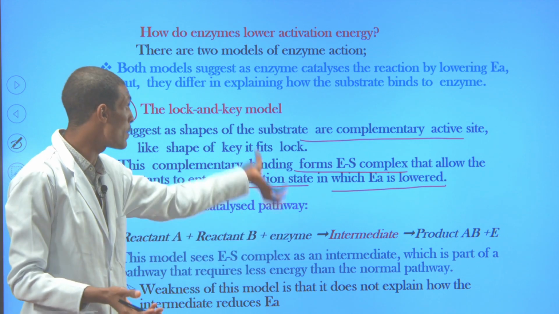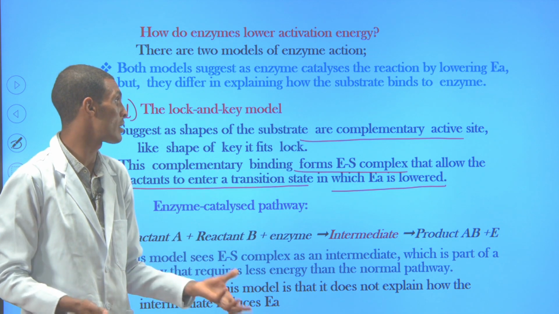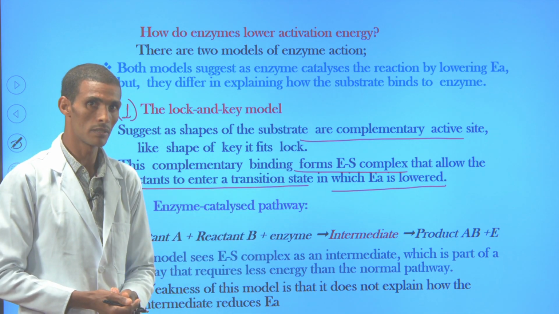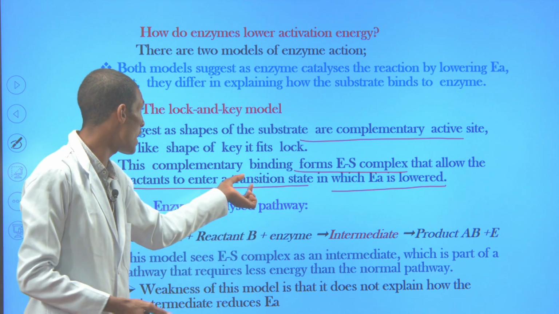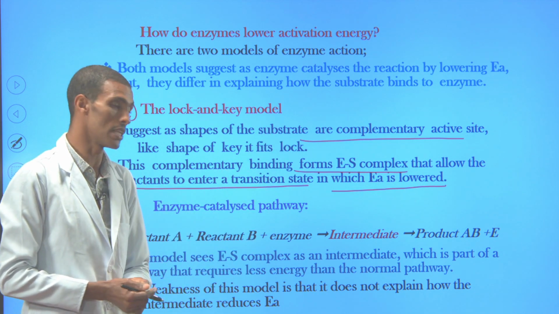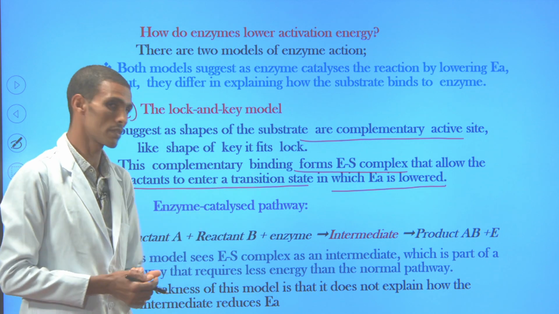Simply, complementary substrate active site binding lowers activation energy. They simply allow it to jump the activation energy hill or transition state.